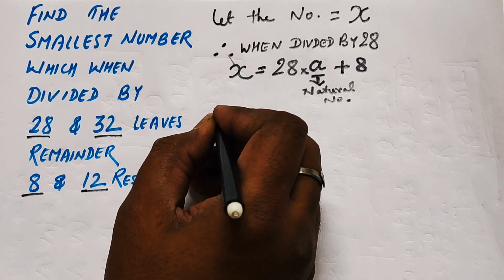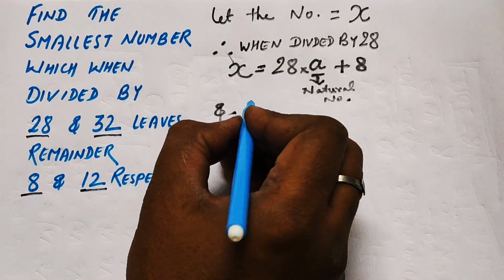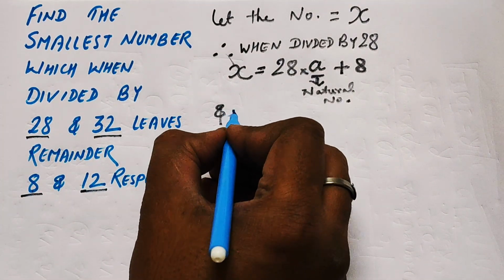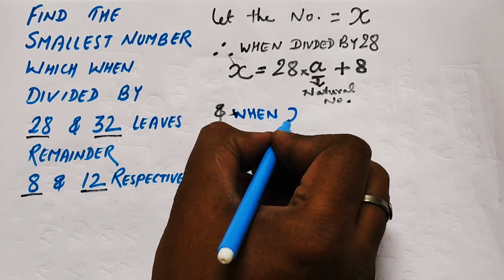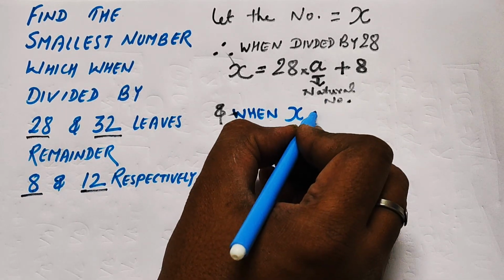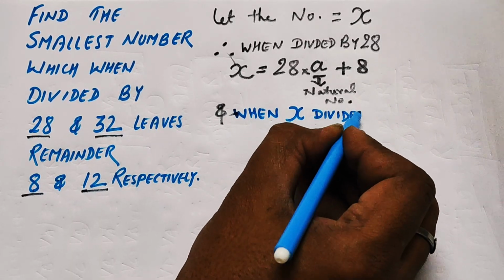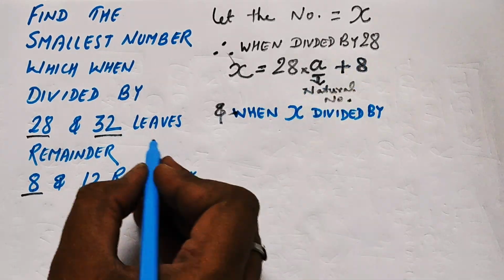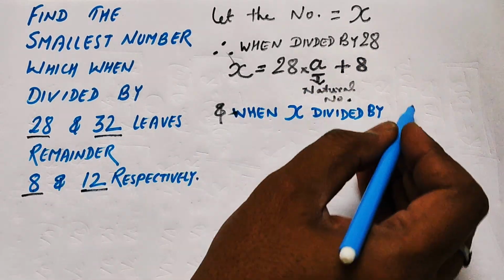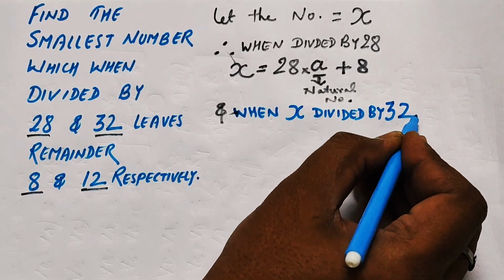Now similarly when x is divided by 32, as we have written for x above, if 32 divides x in b times, let's say b times, then the remainder will be 12, then 32 into b plus 12 will be the value of x.